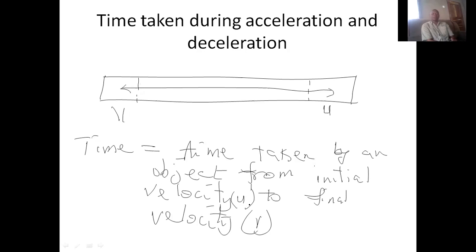When you're calculating time, it should be the time taken by an object from the initial velocity to the final velocity.